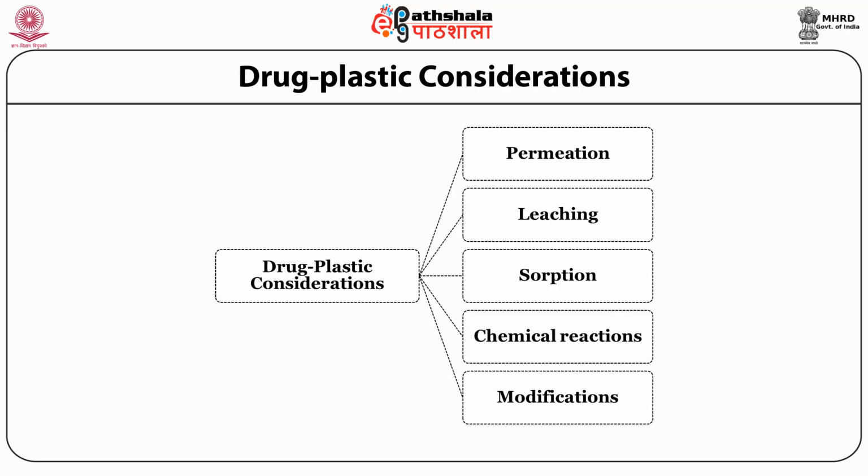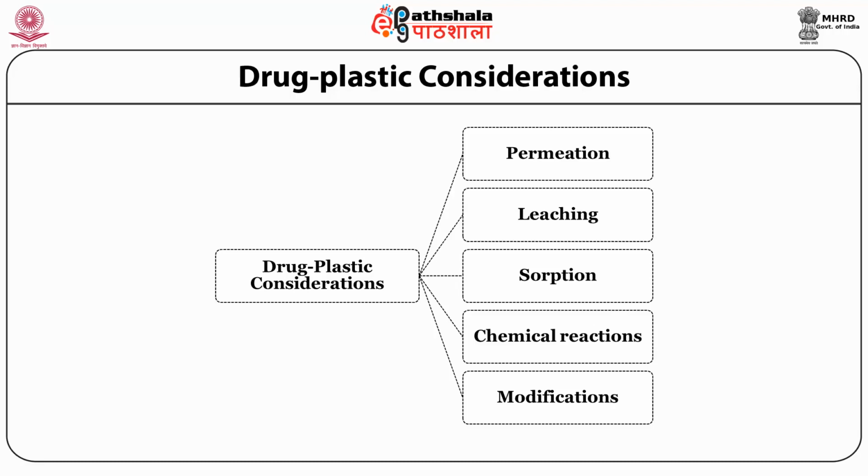But at the same time, it also causes various types of defects, various types of serious effects or hazards in the preparation. So while selecting the plastic as a packaging material, the following points should be kept in mind before selection.